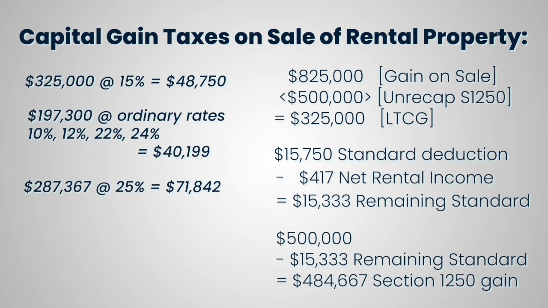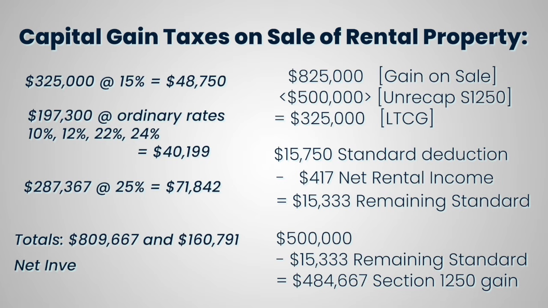Our totals on the left mean that we've taxed the full $809,667. That's our taxable income for total taxes of $160,791. There's also the net investment tax, which gets added on of $23,766.